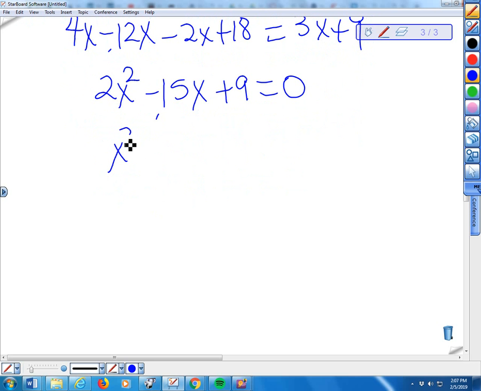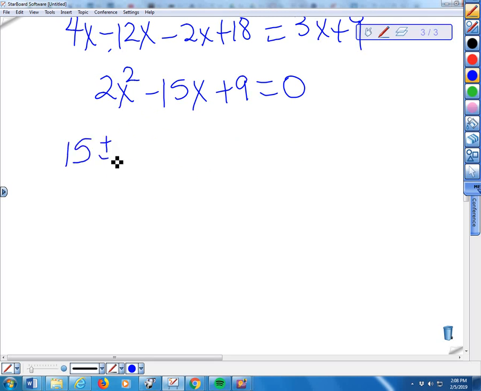Bottoms up. Can I do this one? 9 and 2, 6 and 3, 18 and 1. Okay, so I'm going to go back to this and just use the quadratic.